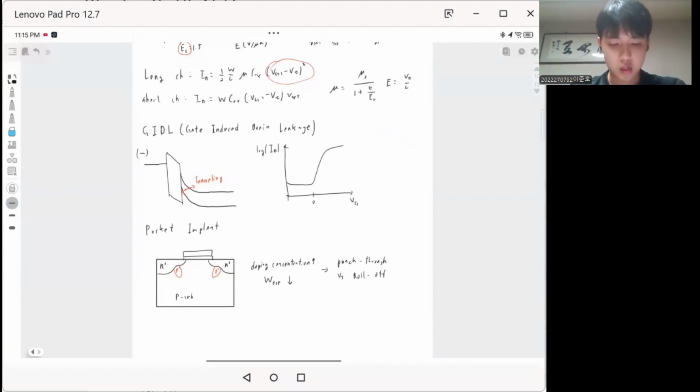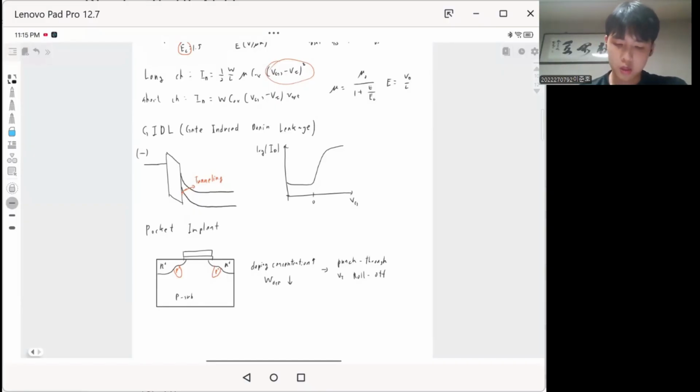Next is gate-induced drain leakage. When we apply a negative voltage to the gate, the energy barrier becomes very thin.